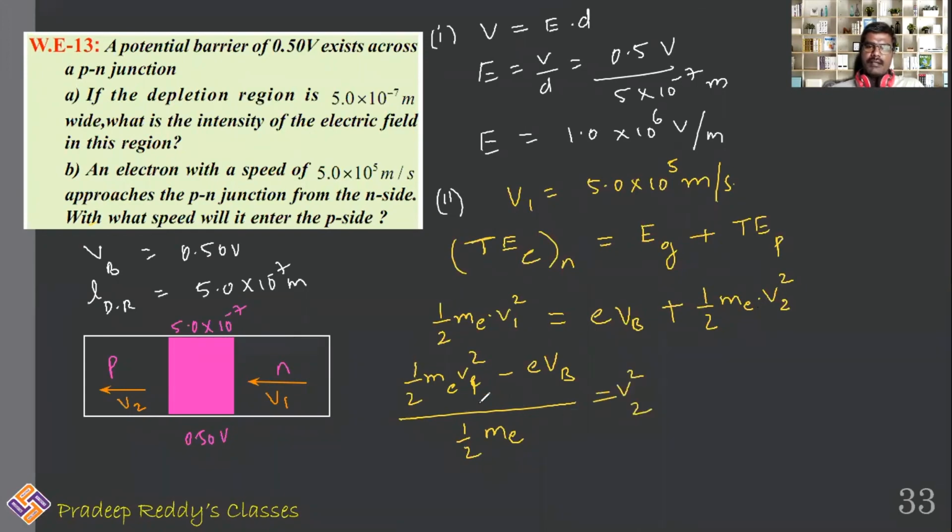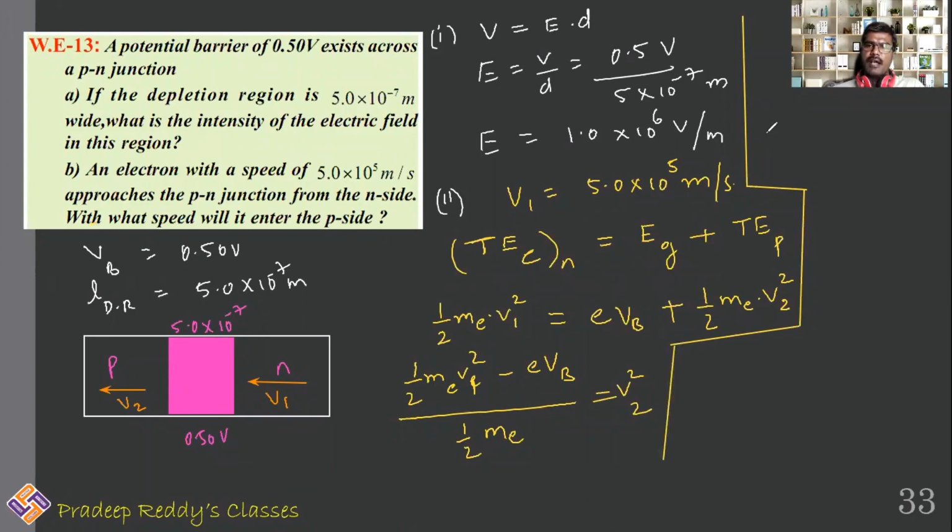Just substitute all the values here. M is mass of the electron, you can substitute over there. E is charge of the electron. Vb is barrier potential, which is mentioned in the problem. You can substitute all the data which is given in the problem, so that you will be getting the final velocity of the electron when it enter into p type.